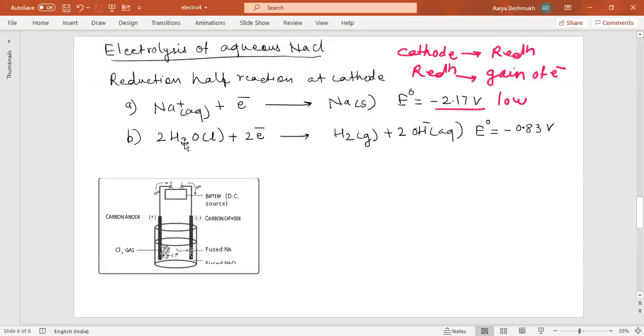So when this water gets reduced, it will be converted into H2. It means that from water this oxygen is removed. So in other words, removal of oxygen is also a reduction. So when water is converted into H2, that is a reduction. When water is converted into O2, that is an oxidation. We will talk about this later on.